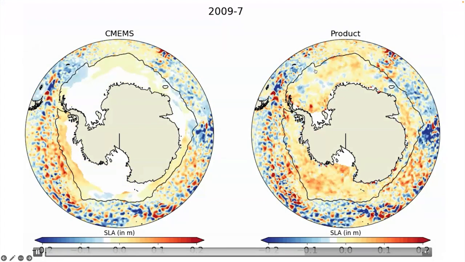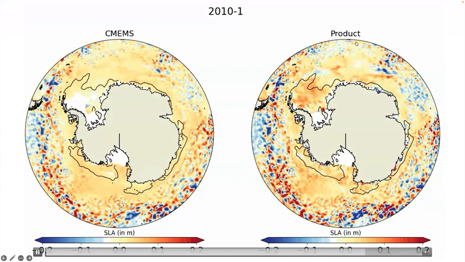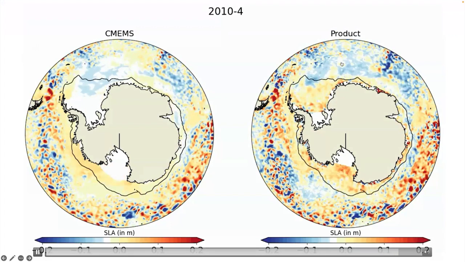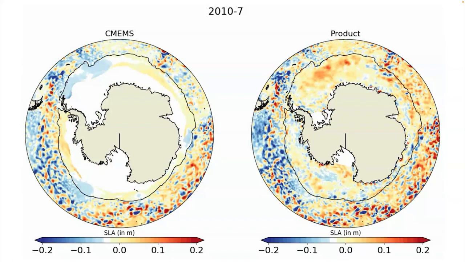A couple of comments: the sea level field appears continuous between the open ocean domain and the sea ice covered domain. And overall, we are pretty pleased with how the product looks. This was a previous version. We made some improvements and we've added a smoothing scheme because it looks a bit patchy.